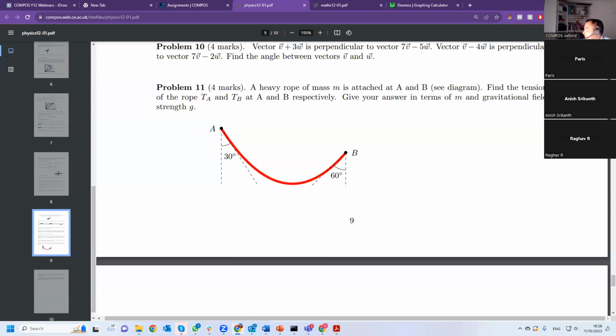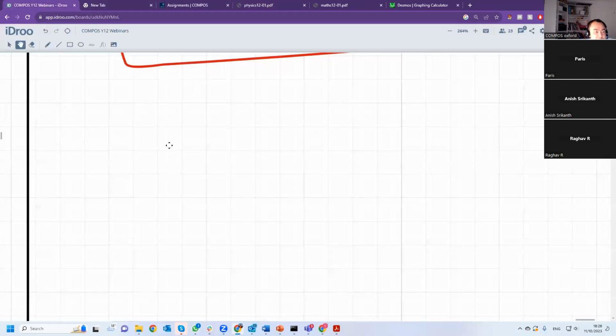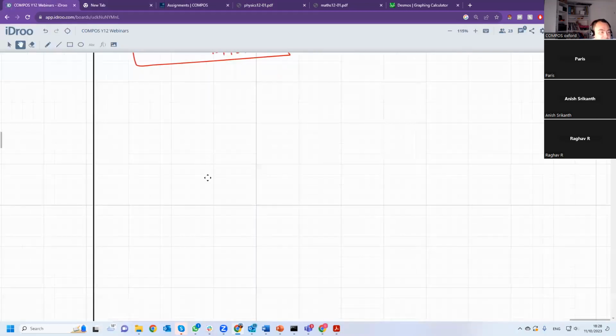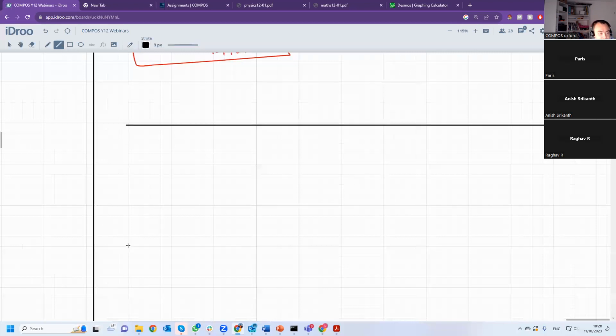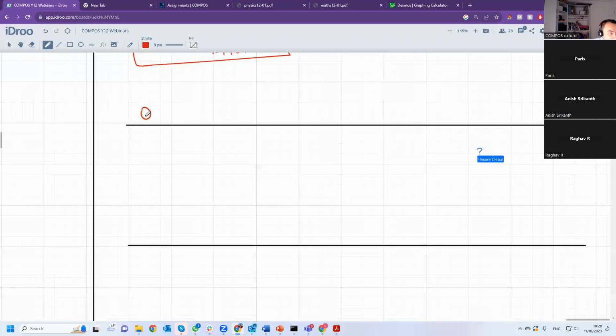Okay, for question 13, there's a couple of questions asking in terms of drift with respect to the straight path. So in question 13, you have a river, and there's a strong current in the river, which is quite fast.